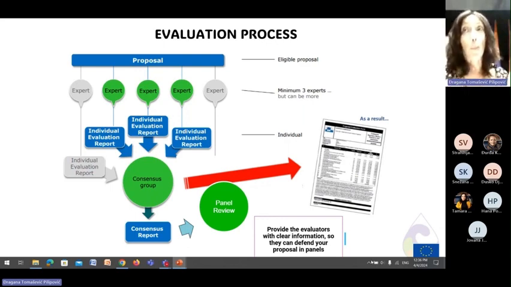And they have to prioritize the proposals. If two proposals have the same score, what do they have to do? They have to follow the indication of the European Commission, and the proposal that has addressed an aspect of the call that the other proposal hasn't addressed, goes up.